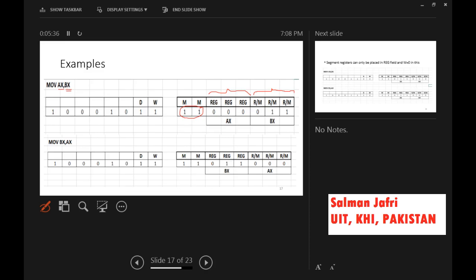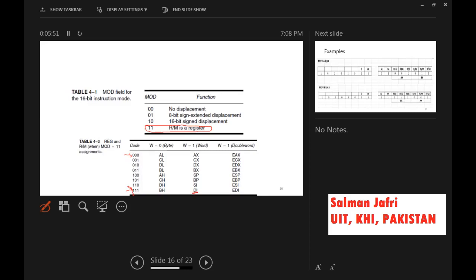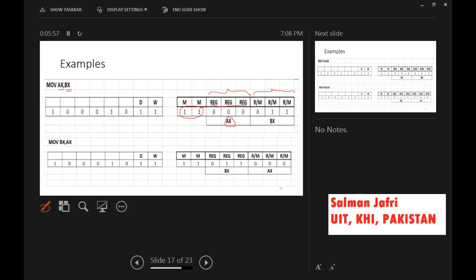Okay, so now on the left hand side we have the register AX. So the code of AX should go into the REG field, and we can verify that the code of AX is 000. So the code of AX goes into the REG.